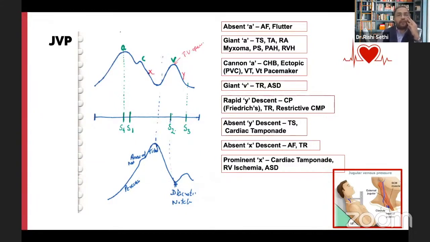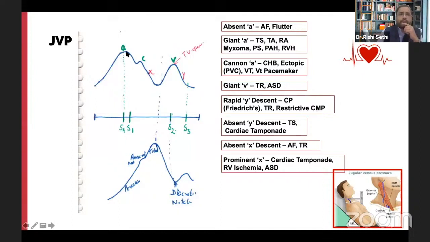The A wave corresponds to the atrial contraction phase, that is the late part of atrial diastole, and therefore it will correspond to an S4. The C wave will correspond to the closure of the tricuspid valve and pushing the tricuspid valve into the atria, while the V wave corresponds to the atrial diastole and the blood filling in the atrium during this phase and trying to increase the pressure.